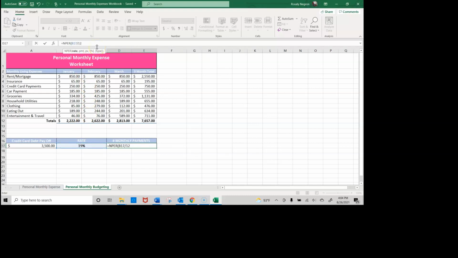It's trying to pay this credit card off at least within a year, or a little more if necessary. Then the amount of payments made monthly, which is the required payment amount. That would be C5. And then the total credit card debt will be the $3,500, which is cell A17. Then we close that.